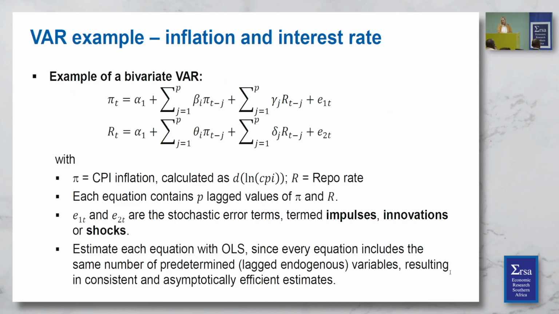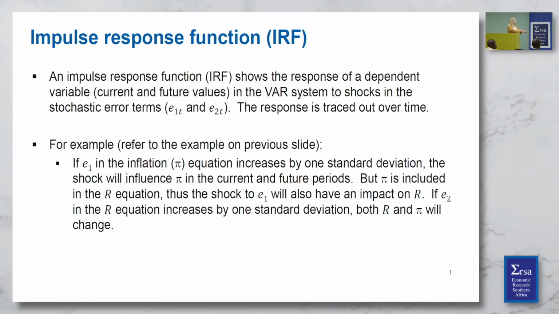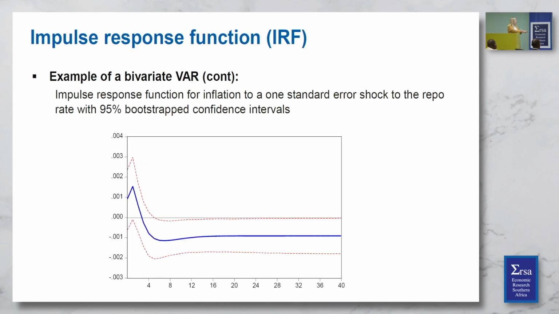In the 2-variable case, for instance, inflation and repo rate, if we place innovations here, what we will see when we look at the result is the response in inflation given an innovation in the policy rate.